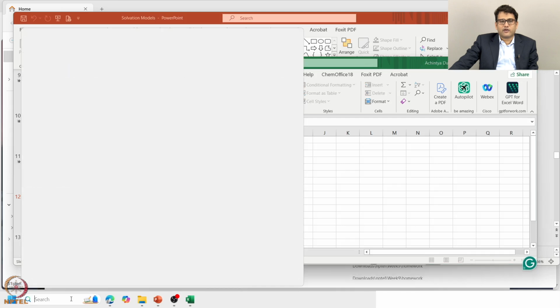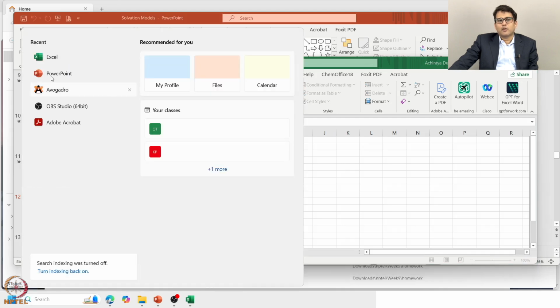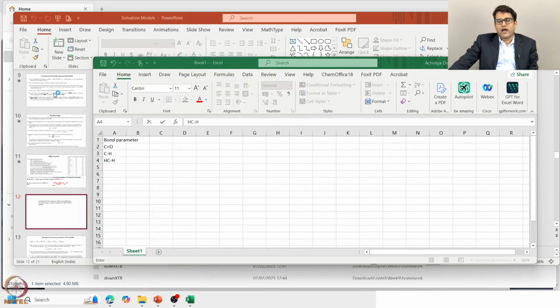Let us start with the gas phase calculation. In most cases, if you want to optimize in the presence of solvent, it is really a good idea to first do the optimization in gas phase and then put in the effect of the solvent.